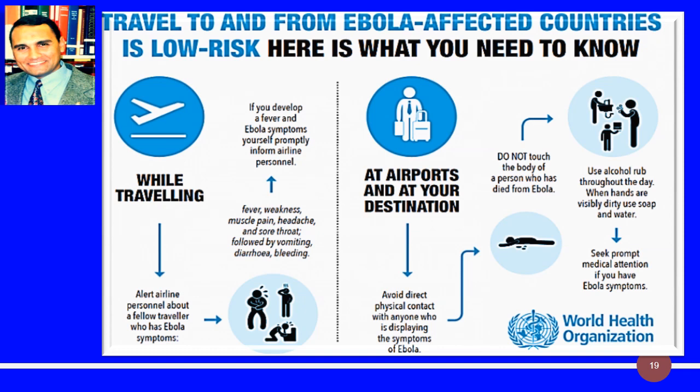This chart describes the signs of Ebola and what a person has to do to keep a distance from catching Ebola by applying personal hygiene. Descriptive epidemiology dealing with place is a very important way of studying the occurrence of disease in a place.